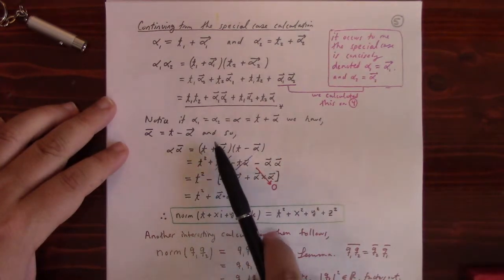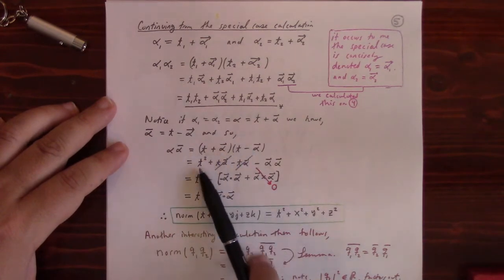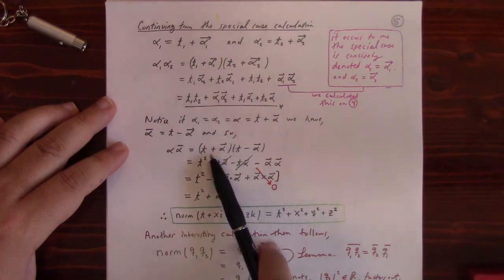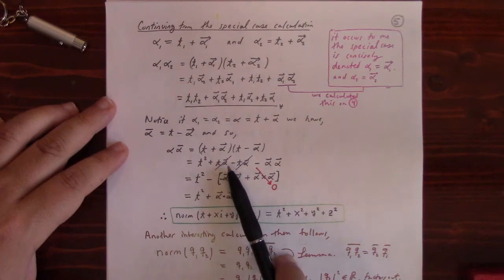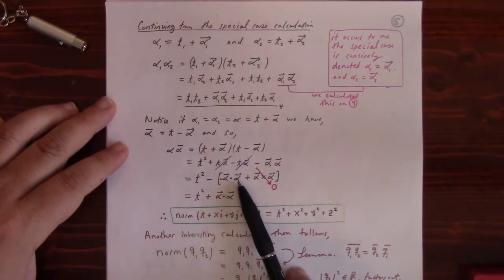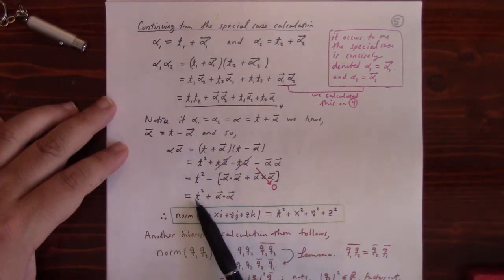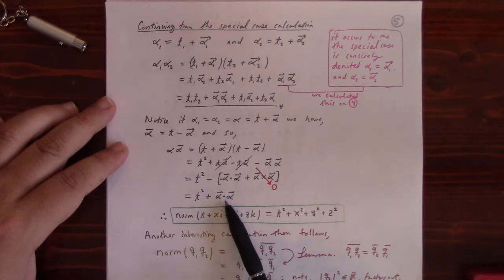So t plus alpha times t minus alpha, the conjugate, right? And so you expand that out, the t alpha and the minus t alpha cancel, and the alpha alpha, well, that gives you minus the dot product of alpha with itself. The cross product of any vector with itself is 0, so that's gone. So you get t squared plus alpha dot alpha, but alpha dot alpha is, of course, the length squared of the vector alpha. Therefore, there it is.